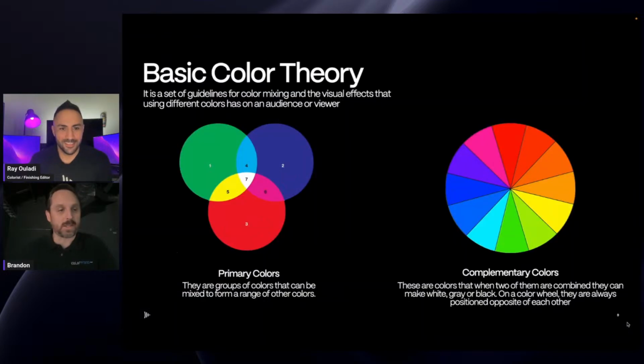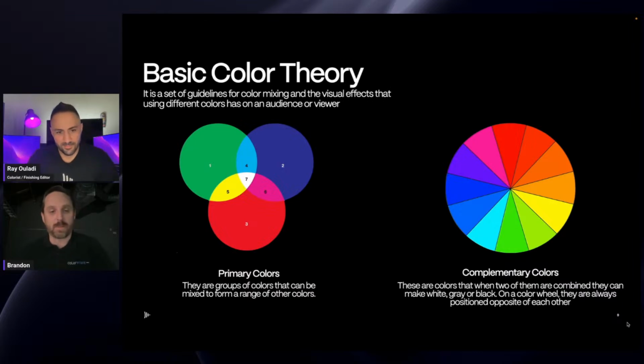So just a basic reminder for those who don't know or didn't see the last session. Here's just some basic color theory. We're not going to get into the weeds on it, but you've got your primary colors. Everyone knows those: the RGB, your cyan, your yellow, magenta. That's the basic primary colors that we're all used to working with, and they're just guidelines for what you might be starting off with.